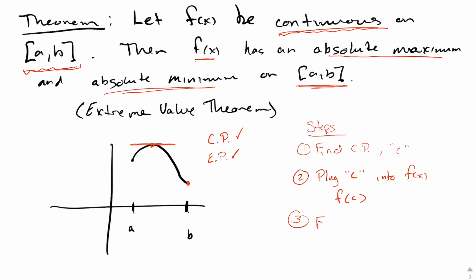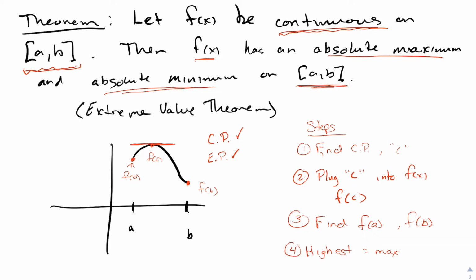What we also want to do is find f of a, our left endpoint, and f of b, our right endpoint. This will tell us which of these points, f of a, f of c, or f of b, is the highest point and which is the lowest point. The highest y value will be our max, and the lowest y value will be our min.